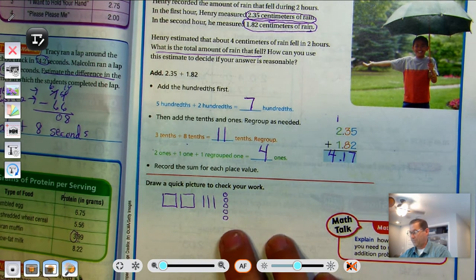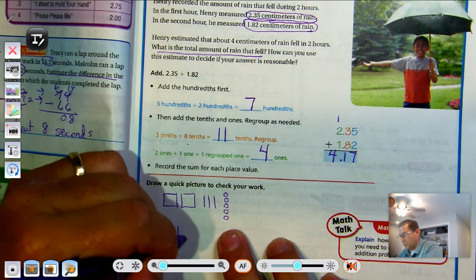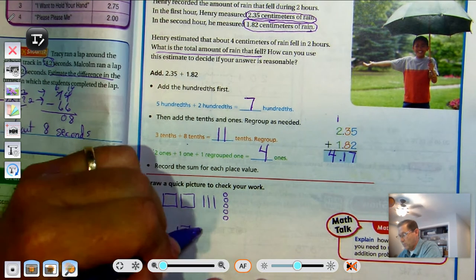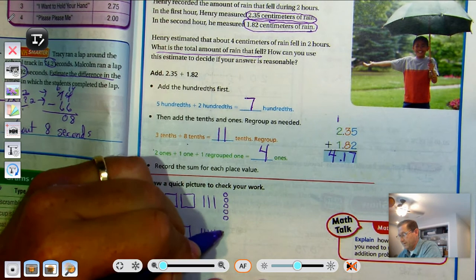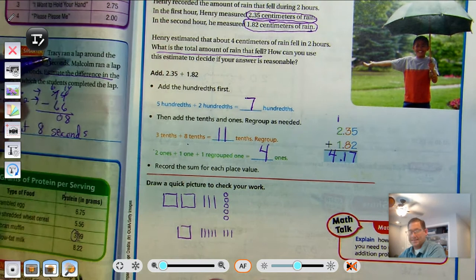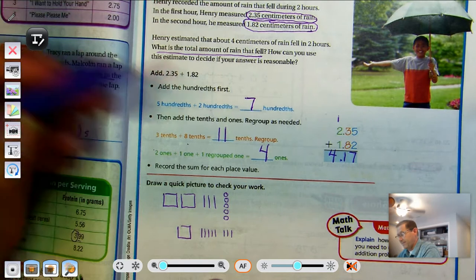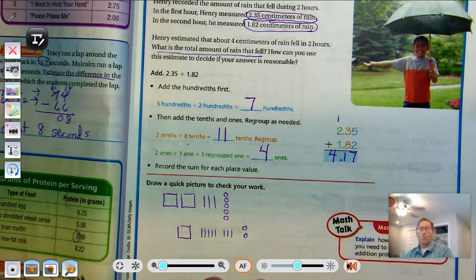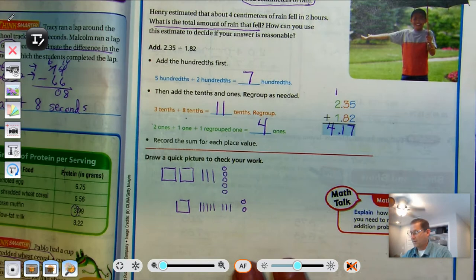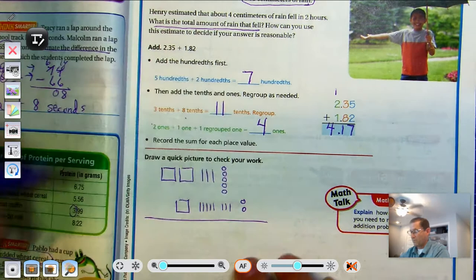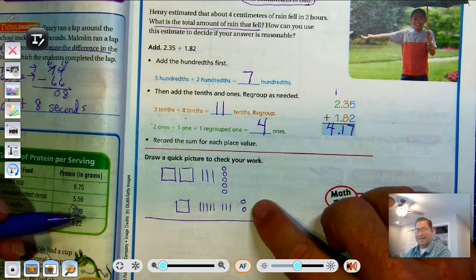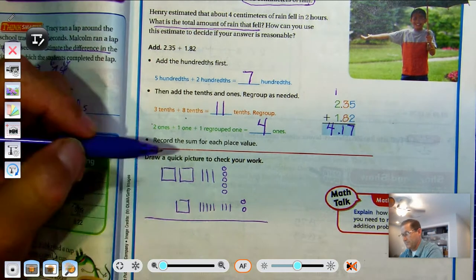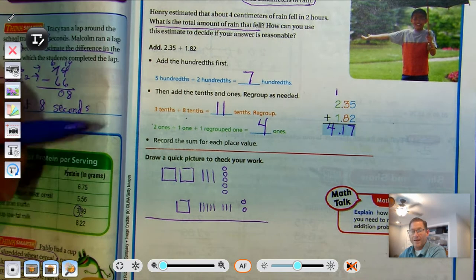So we have 2 and 35 hundredths plus 1 and 1, 2, 3, 4, 5, 6, 7, 8 tenths, 2 hundredths. So 1 and 82 hundredths. When we add that, we wind up with 7 hundredths. So we don't have to regroup that, right?